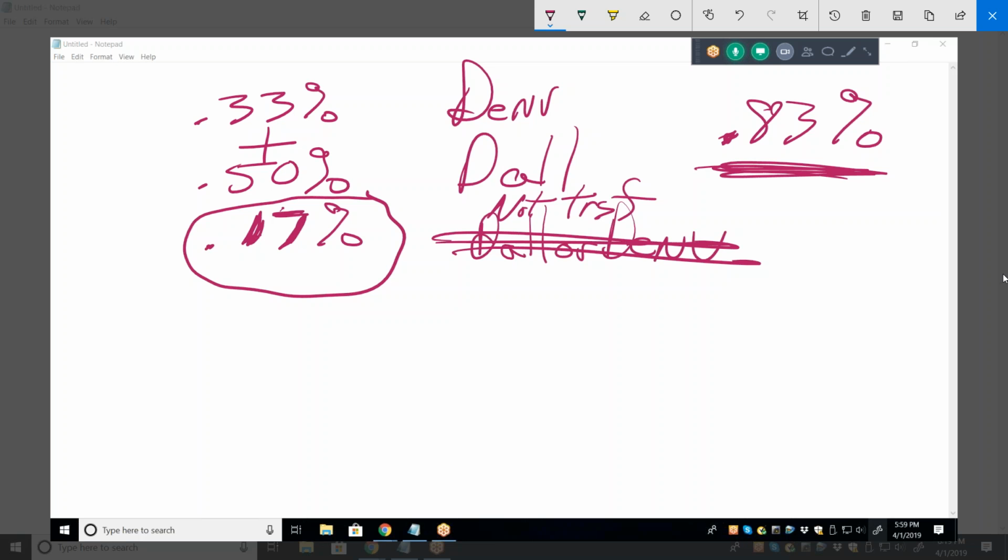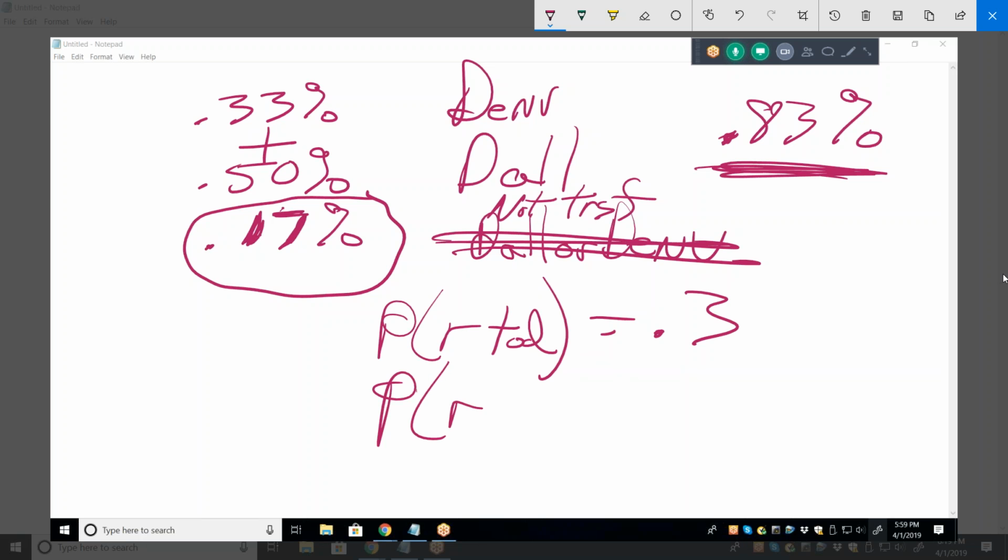Let's go back to the rain. Probability of rain today is 0.3. Probability of rain tomorrow is 0.2. The probability of rain either day. Is it 0.5? Well, I think it is. Wait. There's a problem with this logic, though.